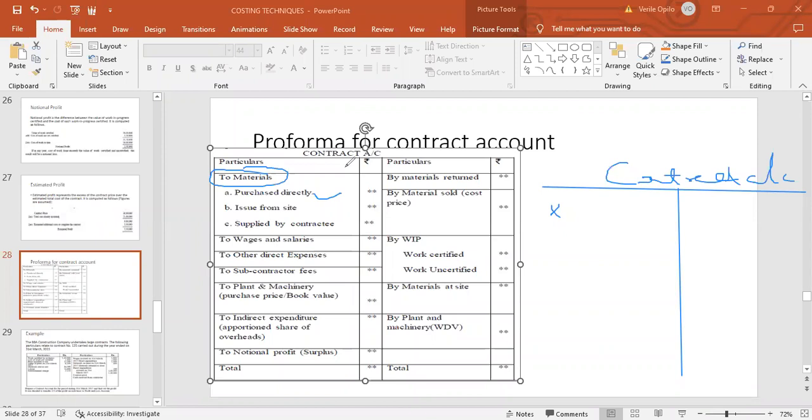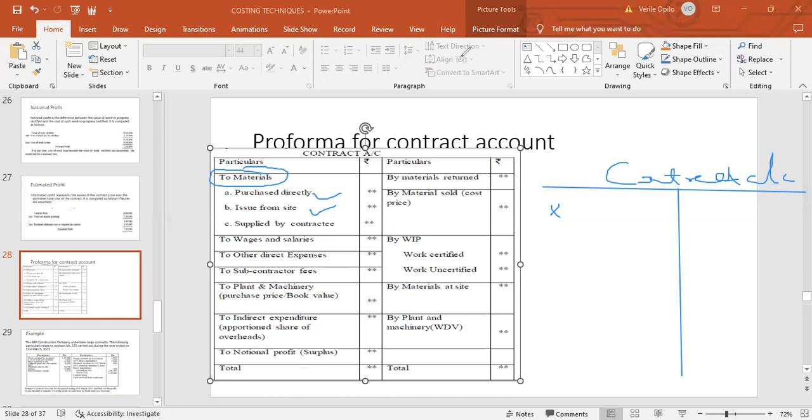Then also you're going to include any materials that have been issued from the site. So are there any issues that have been made from the site, and are there any issues that have been made from the company's stores? And then also, are there any materials that might have been supplied by the client themselves or by the contractee?